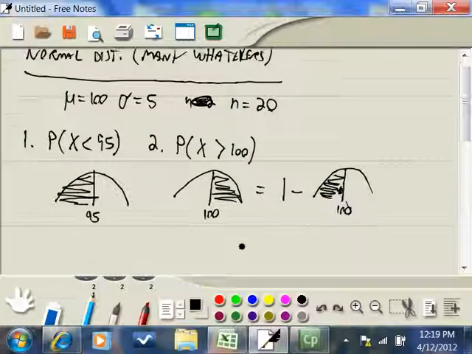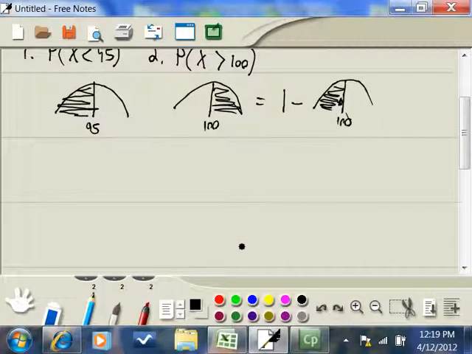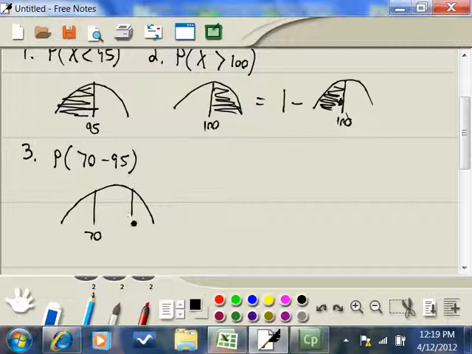Well, let's look between two values. I don't know, 70 to 95, for example. Again, same setup as above. Well, between 70 and 95 would look like that, which is no good because Excel wants it shaded to the left.